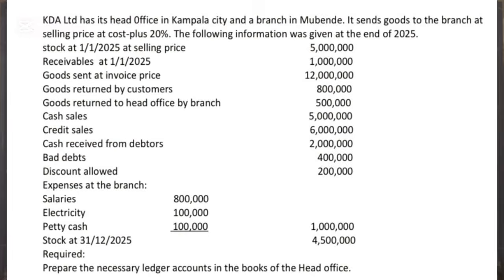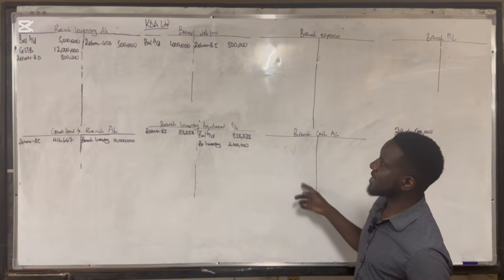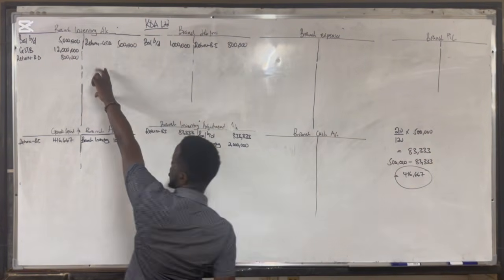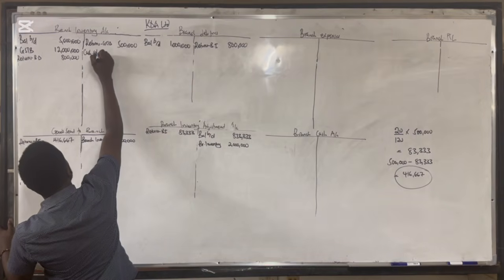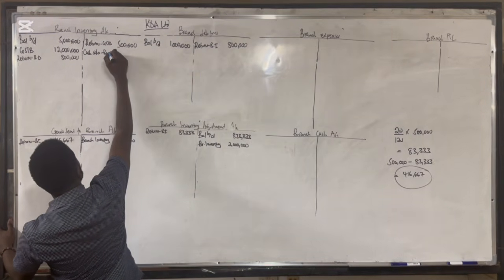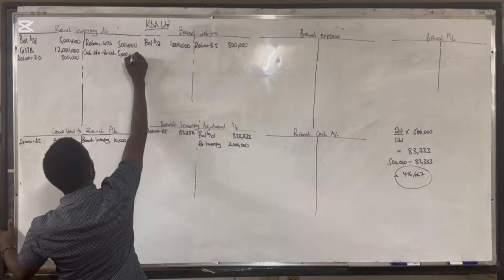Then the next transaction, they are telling us that we have cash sales of 5 million. Now, we said that once there's cash sales, obviously we are going to show a reduction in the branch inventory. So you say cash sales, which is what is going to the branch cash. So the cash sales were worth 5 million.